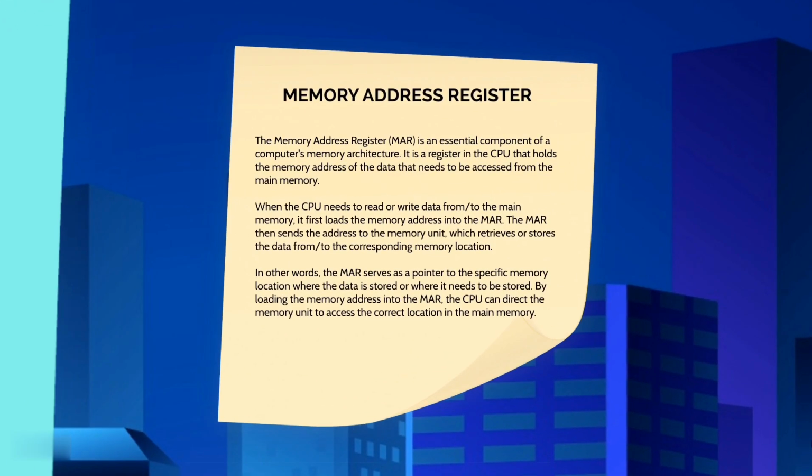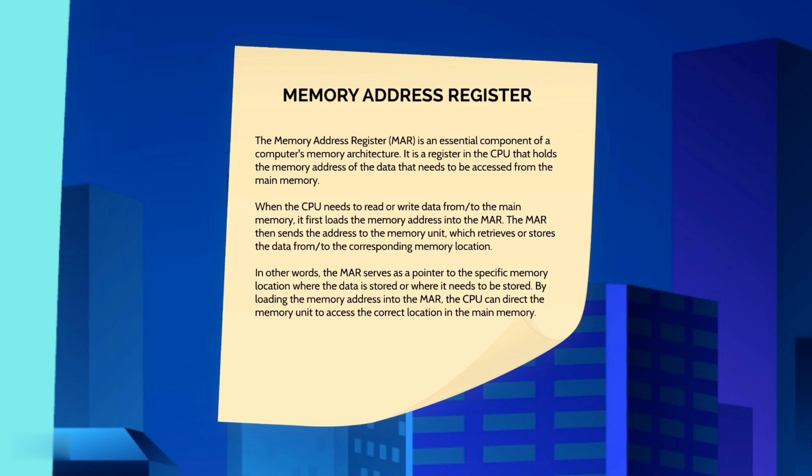So now we will see what MAR is. The Memory Address Register, or MAR, is an essential component of a computer's memory architecture. It is a register in the CPU that holds the memory address of the data that needs to be accessed from the main memory. When the CPU needs to read or write data from or to the main memory, it first loads the memory address into the MAR.